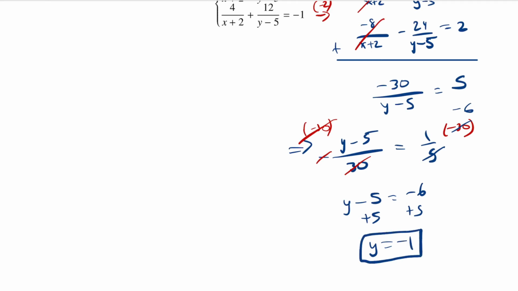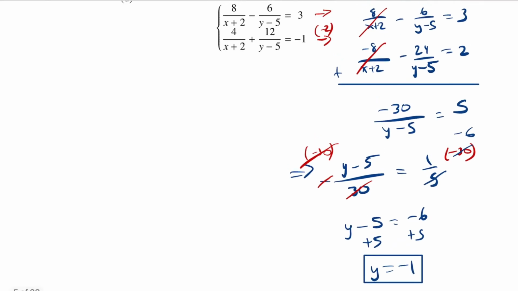All right, let's choose. I'll choose the top equation this time. Doesn't matter though. So if you do that, you should get 8 over x plus 2 minus 6 over, instead of y, it's going to be negative 1 minus 5 equals 3. So that's going to be 8 over x plus 2 minus 6 over negative 6 equals 3.